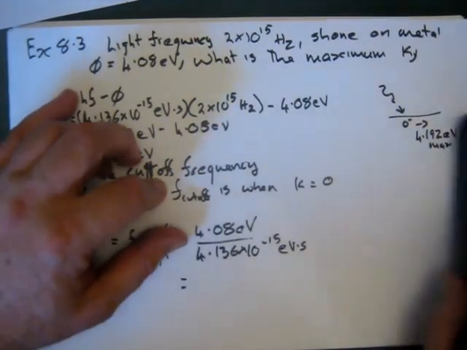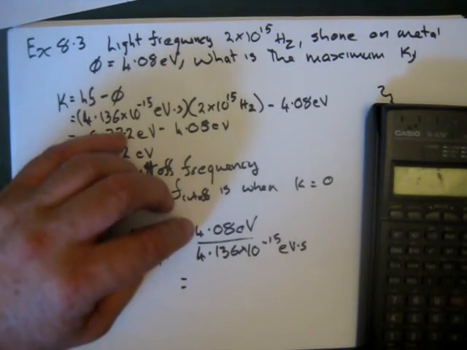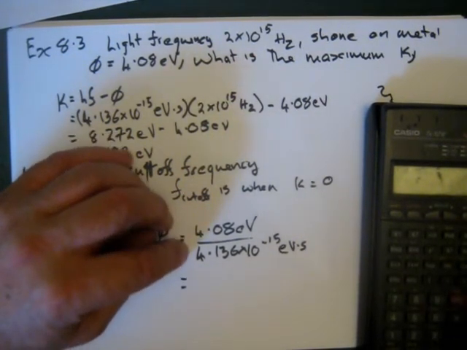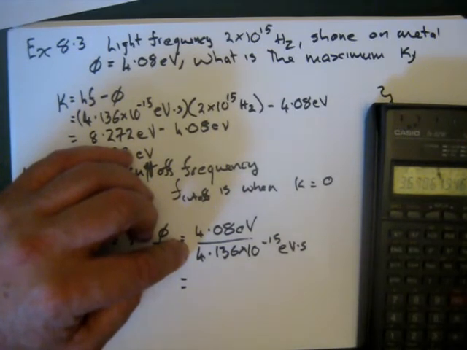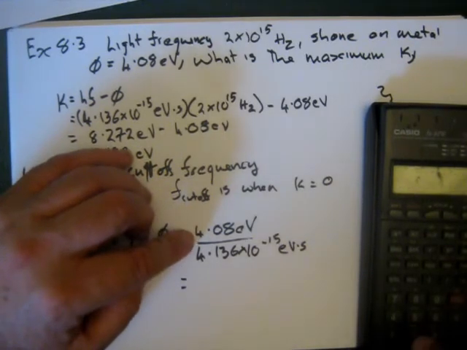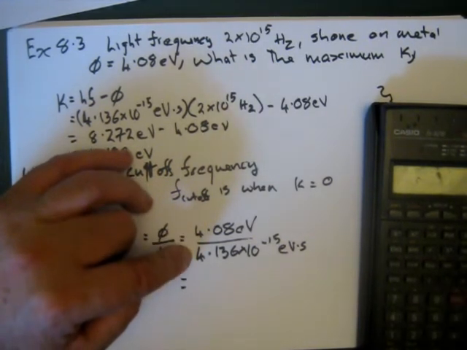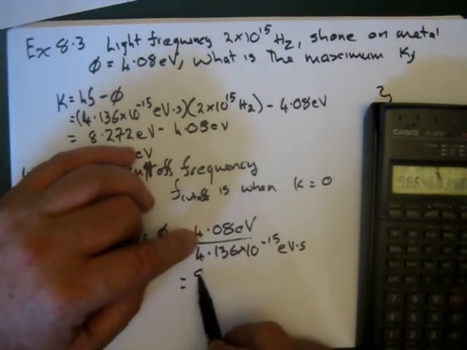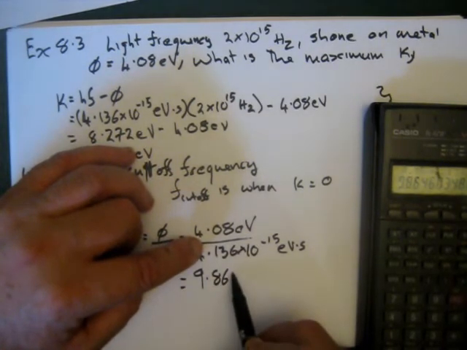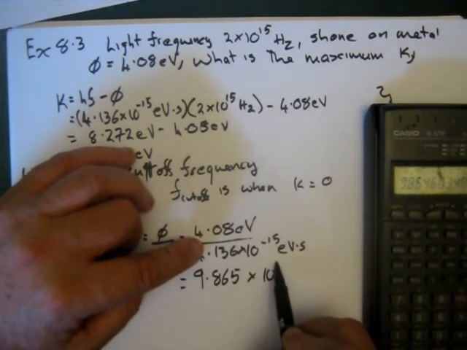So that's going to give us an answer of, let's work it out, 4.08 divided by 4.136 exp negative 15 equals, this can't be right. 4.08 divided by 4.136 exponential negative 15 equals, that looks better, 9.865 times 10 to the 14 hertz.